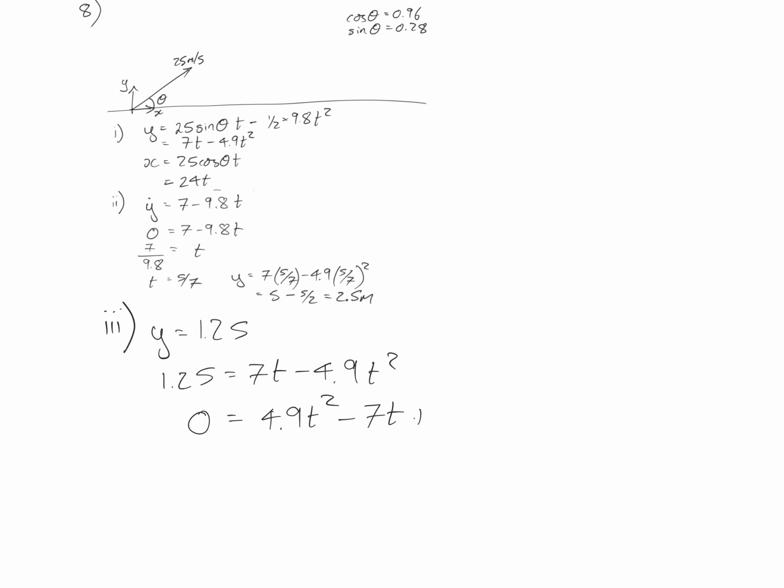That's going to be negative, but that one's still positive. t equals minus b plus or minus the square root of b squared minus 4ac, over 2a.